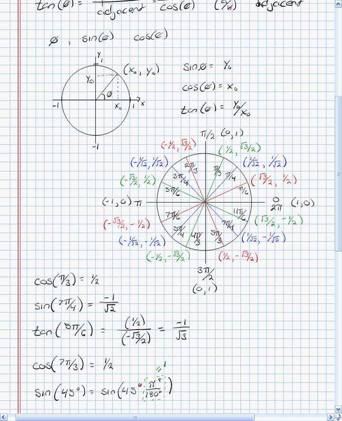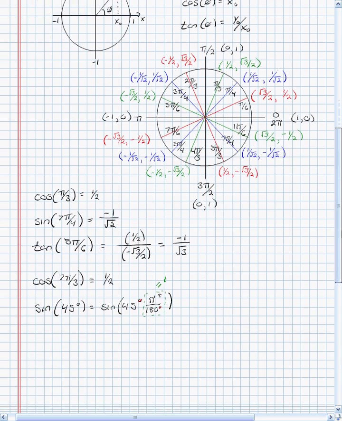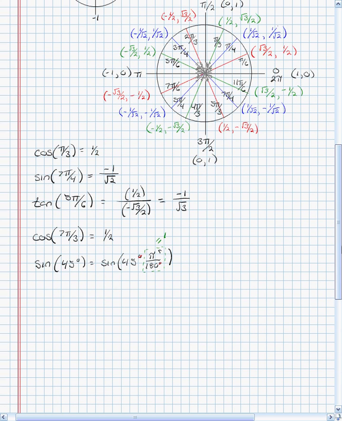If we plug this into our calculator, we can find that sine of 45 degrees is the equivalent of sine of pi over 4, which we can simply find by coming along here to pi over 4, looking at y0, and seeing that it's 1 over the square root of 2.